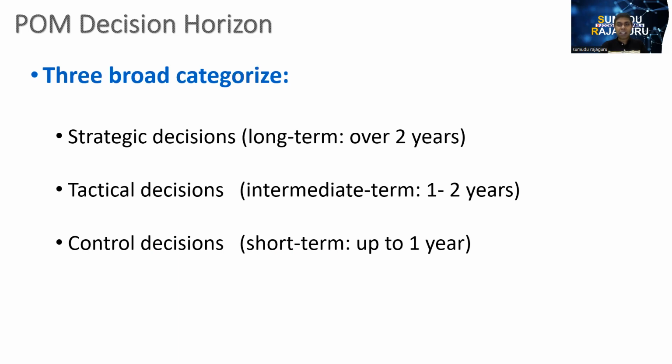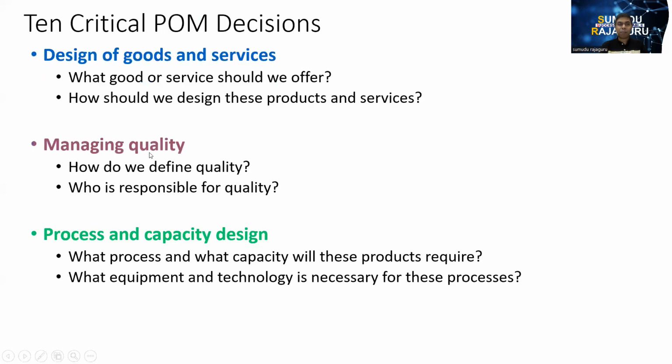Then tactical decisions, which are intermediate, between 1 to 2 years. Control decisions are short term, maximum up to 1 year. So there are three main decision categories: strategic, tactical, and control decisions.